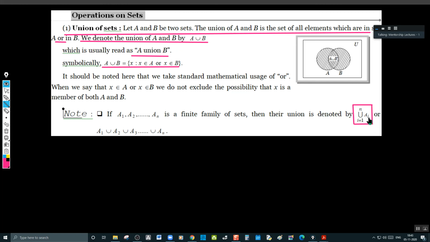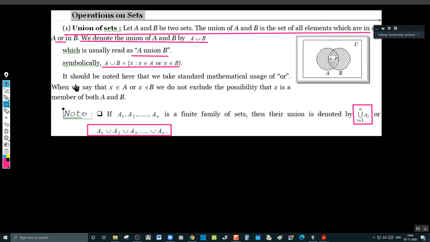In place of i, write 2, union A2. In place of i, write 3, union A3. Like that, there are n sets whose union is to be found out. How do you understand this? A1 union A2 union A3, and so on, union An. Means either A1 or A2 or A3 or so on or An. This is the meaning of it.